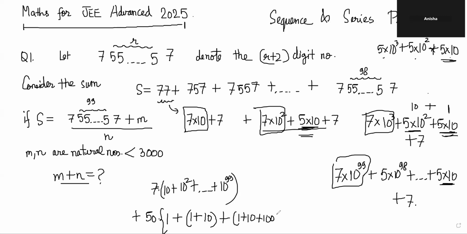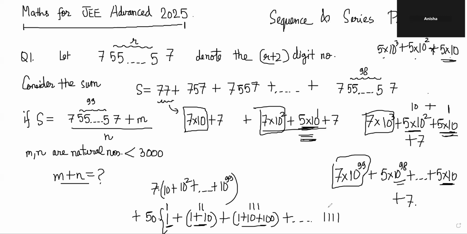So similarly, the first term here has 1, and how many such terms are there? It goes from 10 power 1 to 10 power 98, so 98 terms are there. You start off with a 1, then 11, then 111, so 98 ones in the last one.